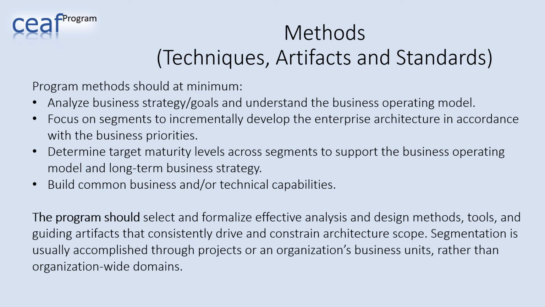Your program should select and formalize effective analysis and design methods, tools, and guiding artifacts that consistently drive and constrain whatever the architecture scope. Segmentation is usually accomplished through projects or an organization's business units rather than organization-wide domains.